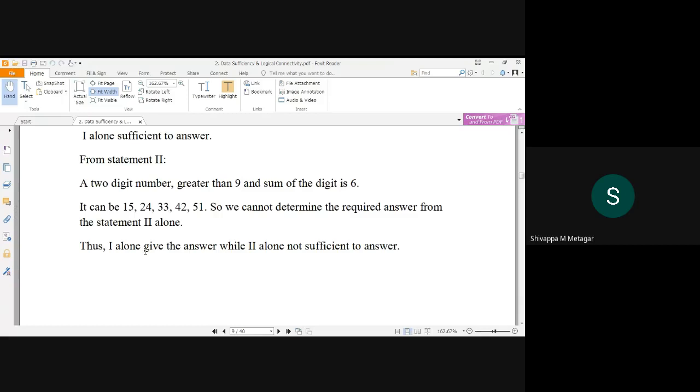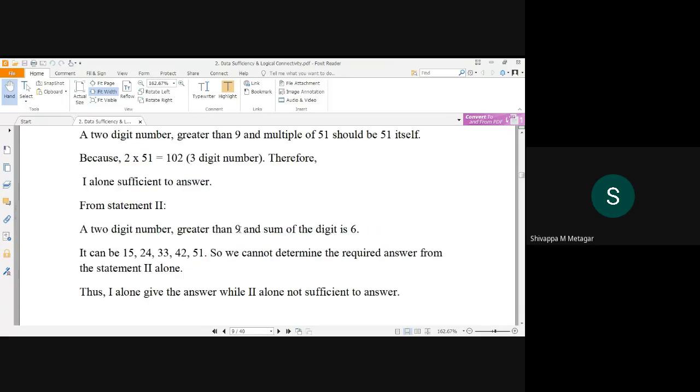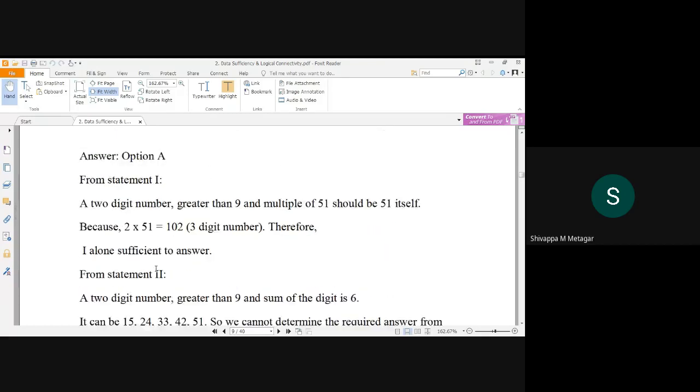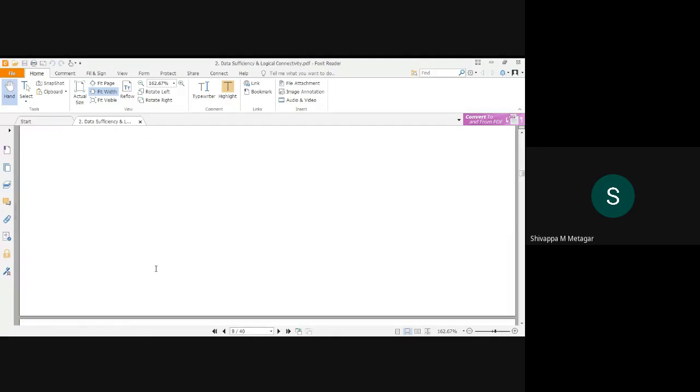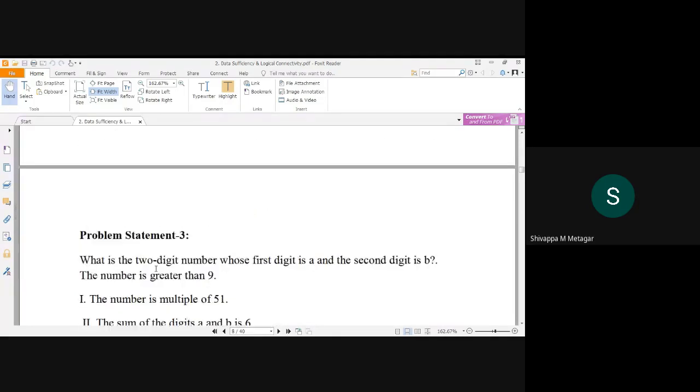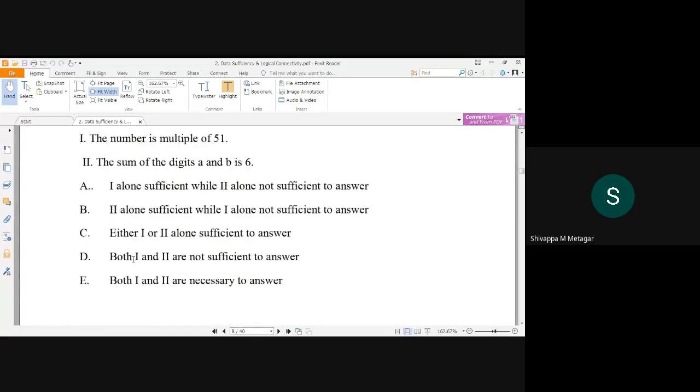Okay, directly they have given A and B, and the digit sum they have given, 9 is not possible. So the second is independent of the first statement. So what is your answer? What is the correct option in this one? There are total 5 options. First one is 1 alone sufficient while 2 alone is not sufficient. 2 alone sufficient while 1 alone not sufficient.